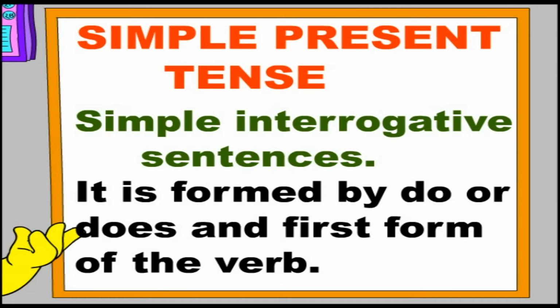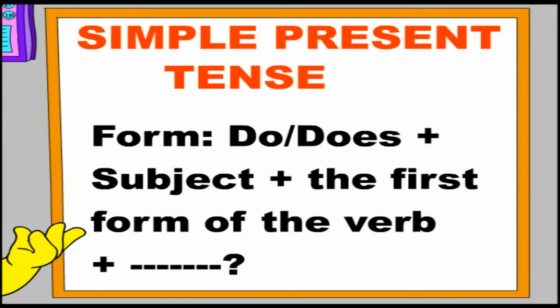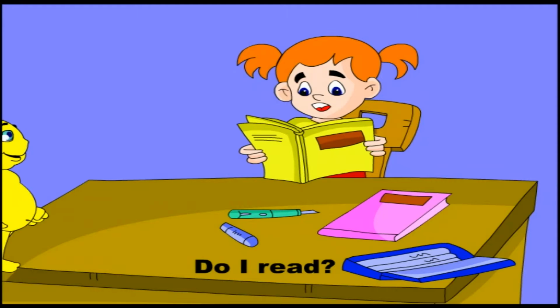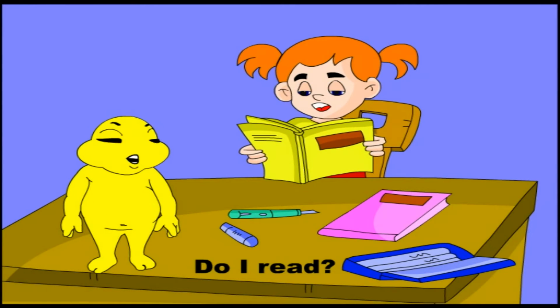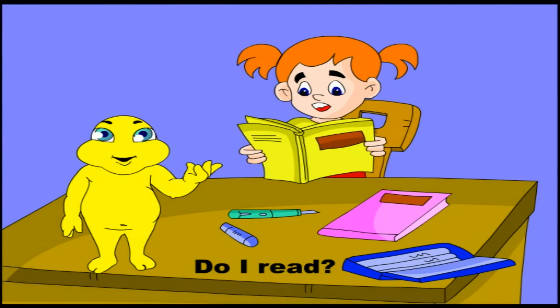Simple interrogative sentences. It is formed by do or does and the first form of the verb. Form: do or does plus subject plus the first form of the verb plus the activity. Examples: Do I read?